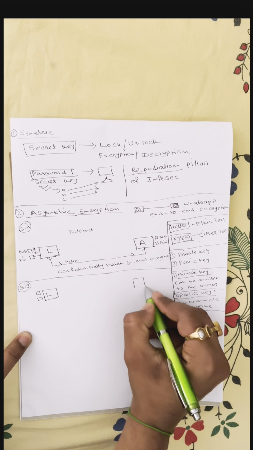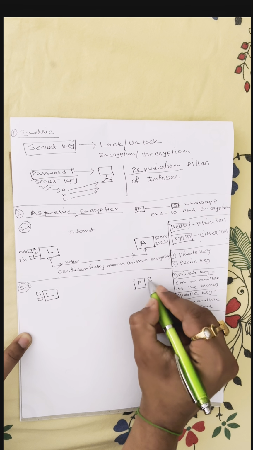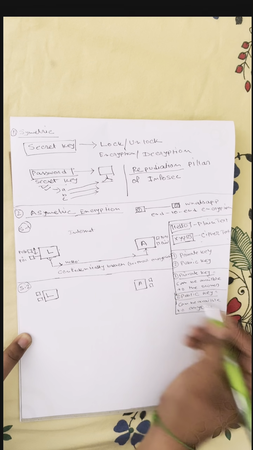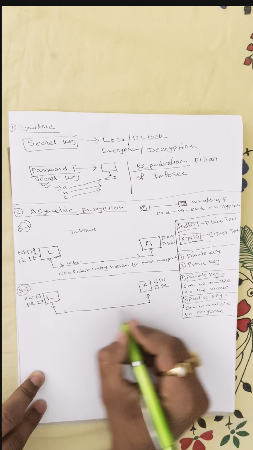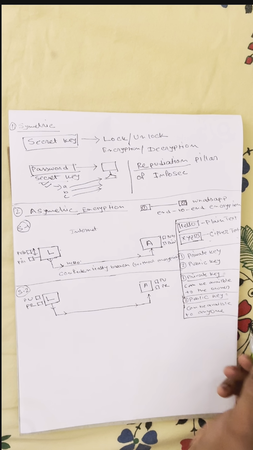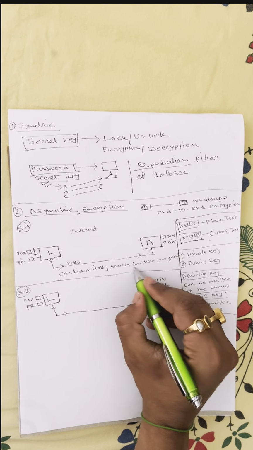Ankit, same, has two keys. Public, private, public, private. Now, Louis again sends this message through the internet to Ankit. This time Louis encrypts this message. Earlier stage was without encryption. Now they encrypt the message, hello message.